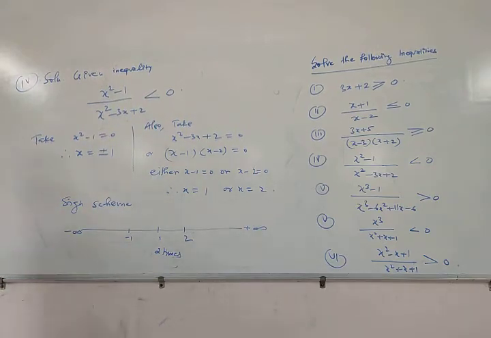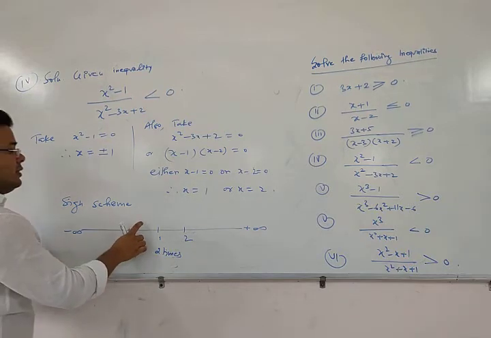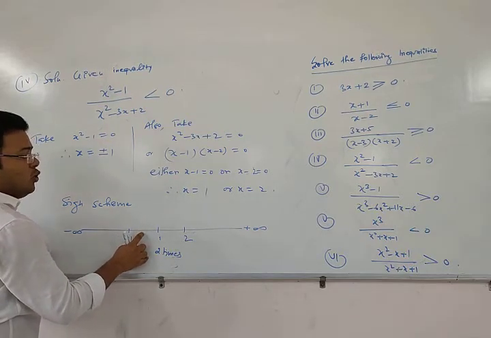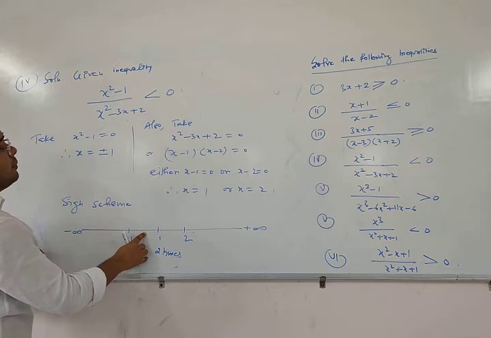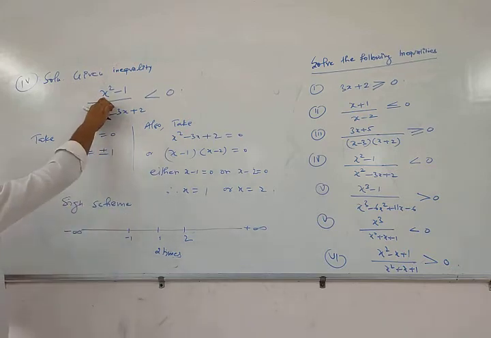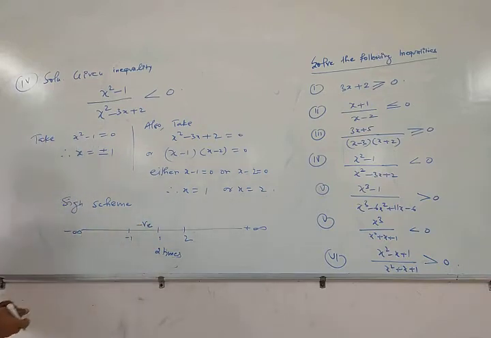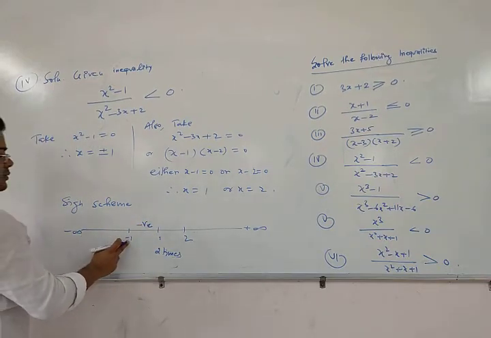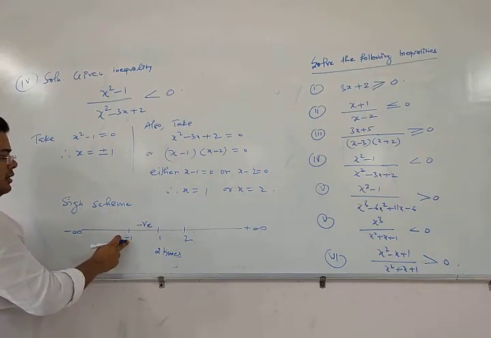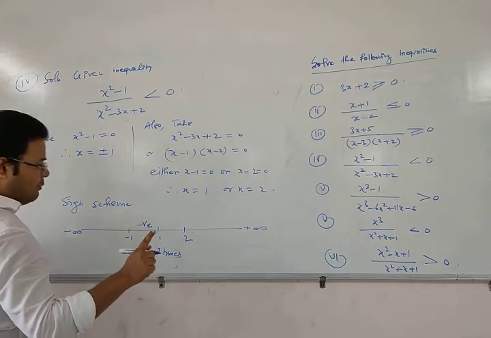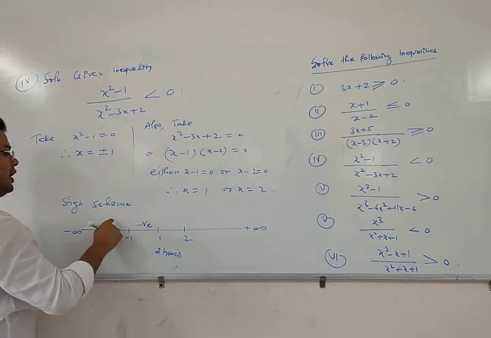Where 0 lies? This is the position where 0 lies, and if we put 0, we will get negative sign. So here we put negative sign, and minus 1 occurs only one time. So here we put the alternate sign.